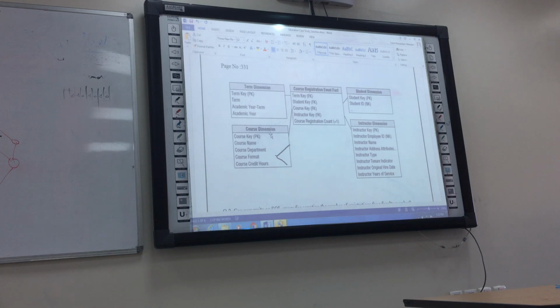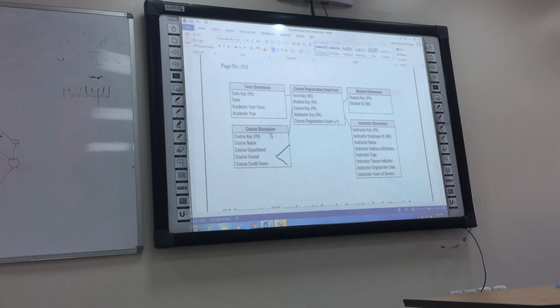If the level is only 1 for every dimension, like the name of the instructor, the name of the course, one level, then I will have 1 plus 1, which is 2, times 2 times 2, giving for example 2 to the power 3.